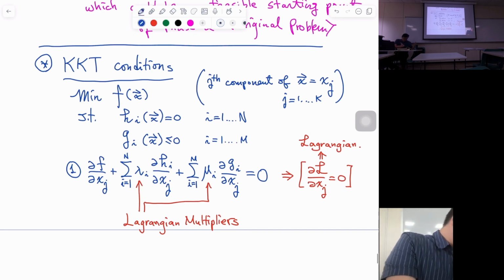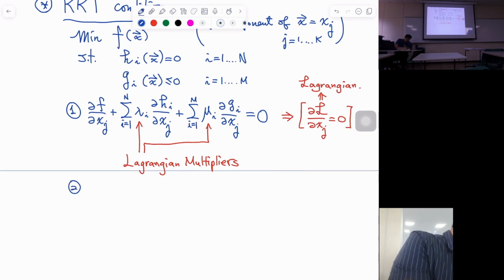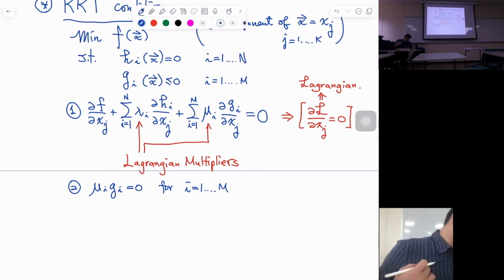Defines this equation. Second equation will be mu i gi equals to 0 for i goes from 1 to n. Actually m, because it's the index for the g.